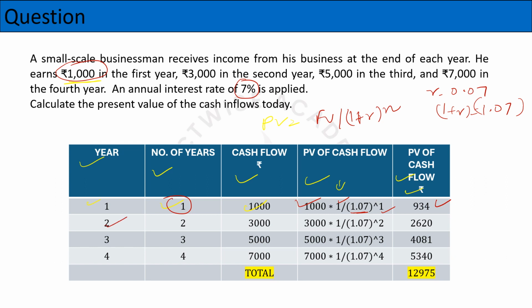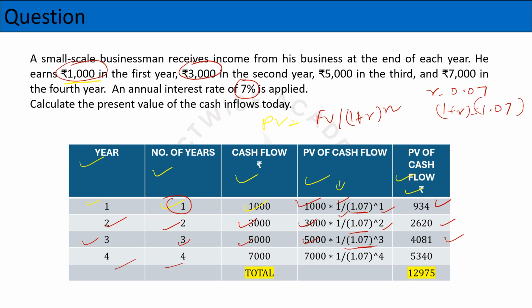For year 2, cash flow is 3000 rupees. 3000 into 1 divided by 1.07 to the power of 2 is 2620. For year 3, 5000 into 1 divided by 1.07 to the whole power of 3 is 4081.